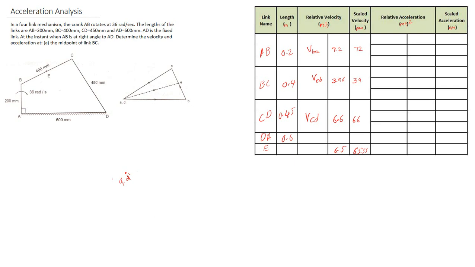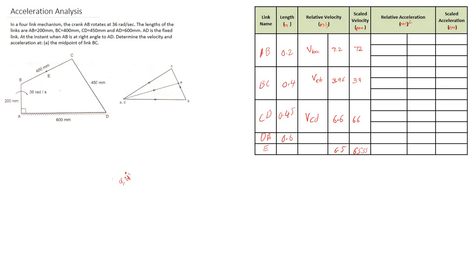I am using dash notation to differentiate the acceleration diagram from the velocity diagram, where I used A, D. So A dash, D dash.